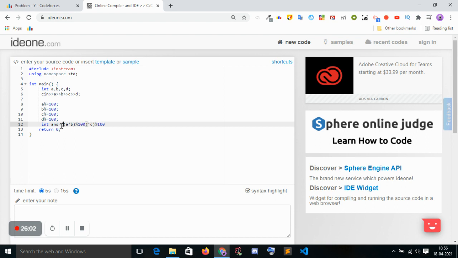Then again we multiply by d, and do modulus 100. So we need brackets.